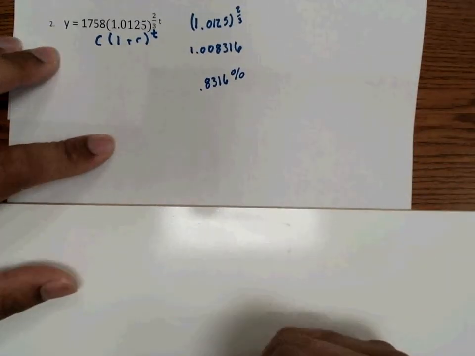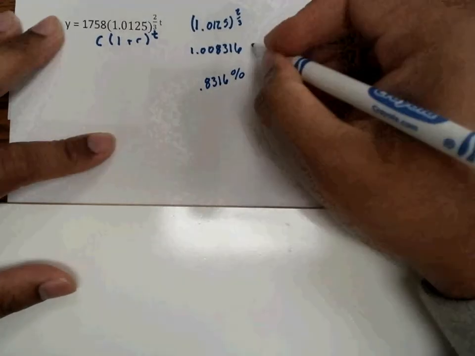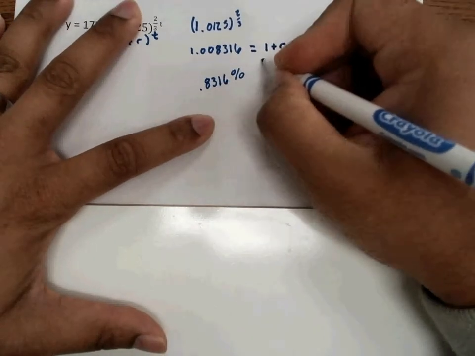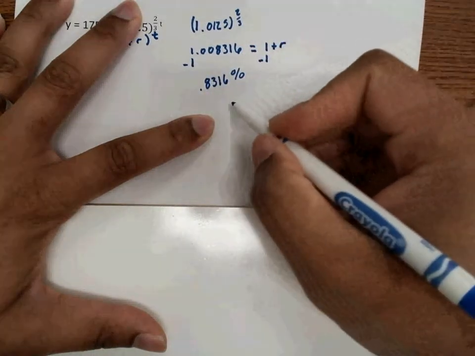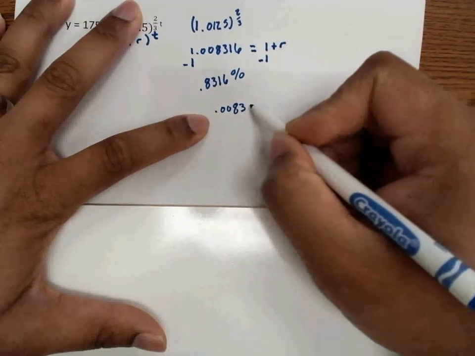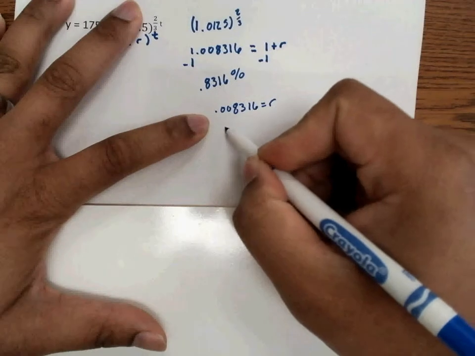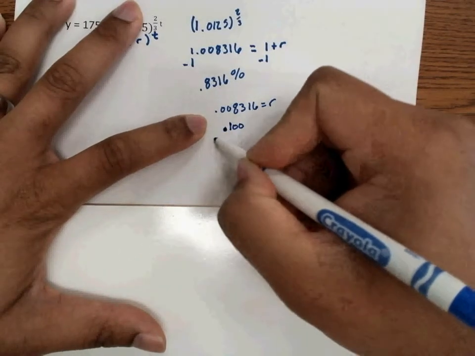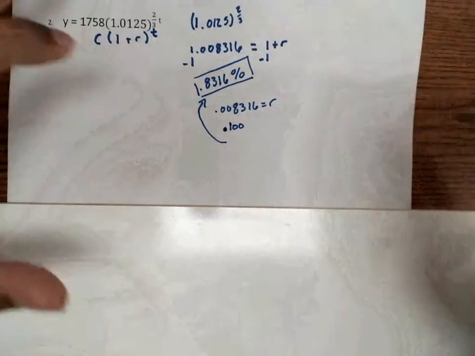Of course, if you want to do it the longer way, or show your work, we just set this equal to 1 plus r. We subtract the 1 on both sides, and then we get 0.008316, and then we multiply that times 100, and the answer we get is 0.8316%.